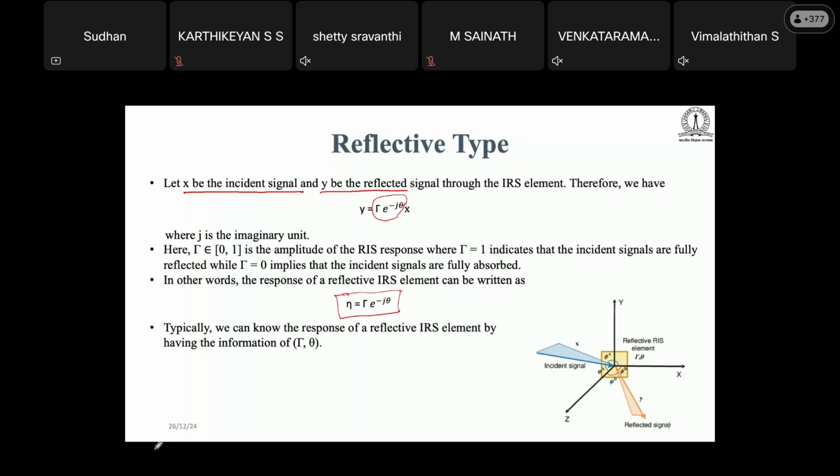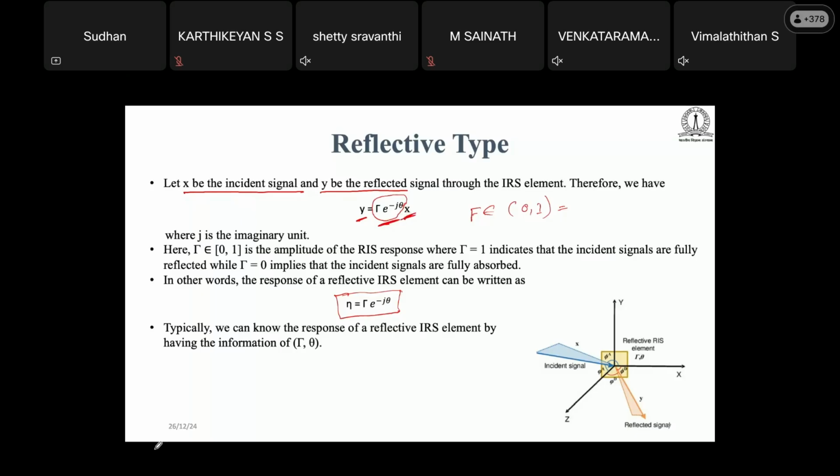You can see this gamma belongs to 0 and 1. This contributes in terms of amplitude or energy, whatever you can say, and theta is the phase and x is the original signal. So the output will be y equal to the reflection coefficient times the signal x.